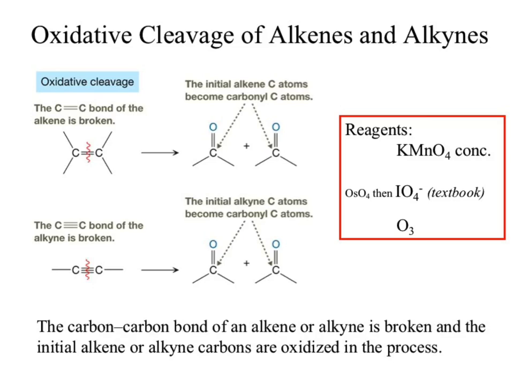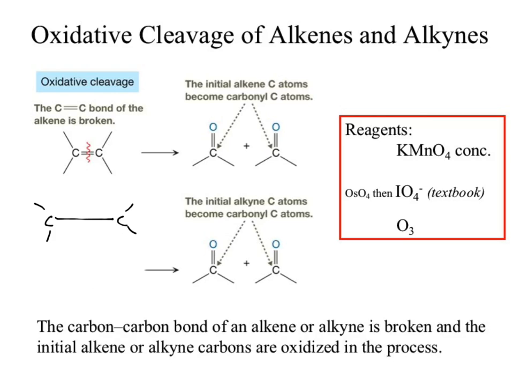The next one's kind of a fun one, our oxidative cleavage. This means you take your alkene and you literally just break it in half. So just cut it and replace those bonds with oxygens. So let's take a look at that first one at the top. The best way to describe that answer would be to redraw your structure with a little bit more space.